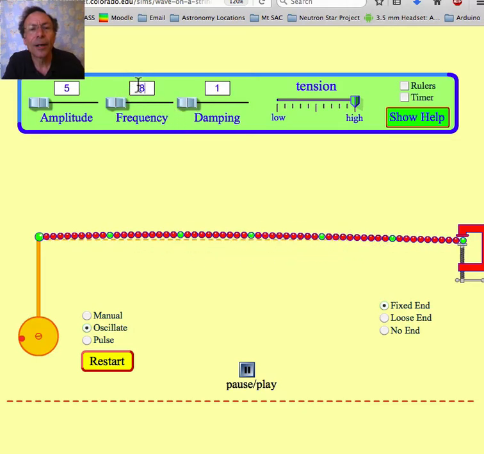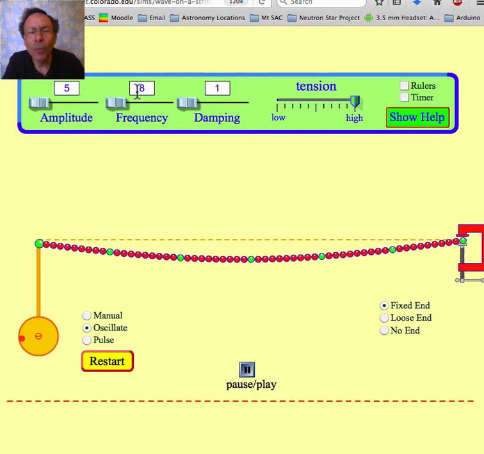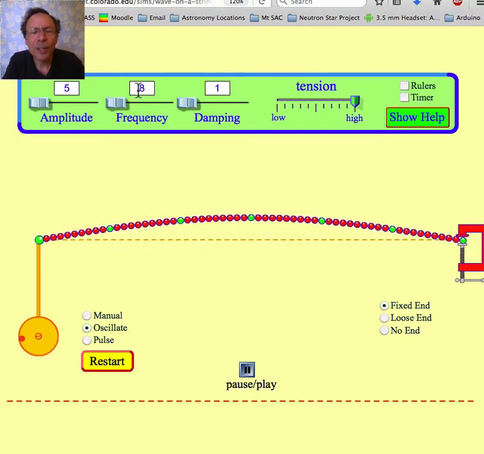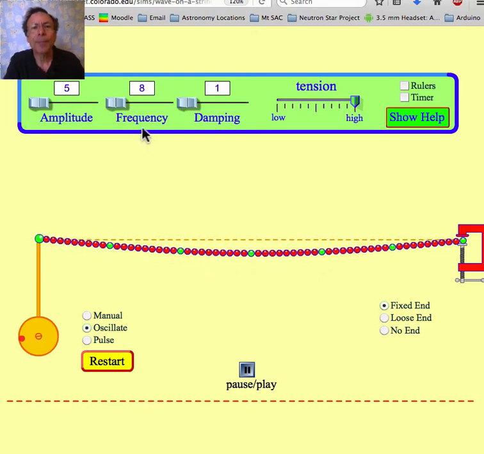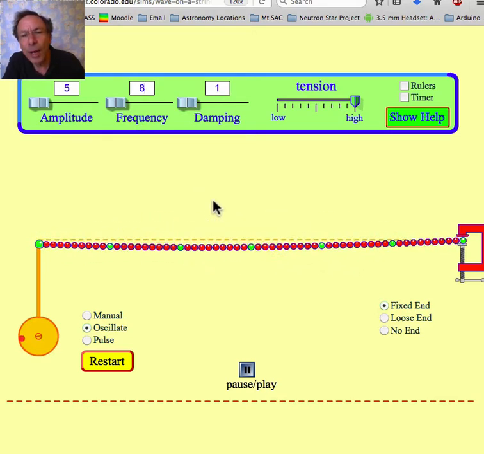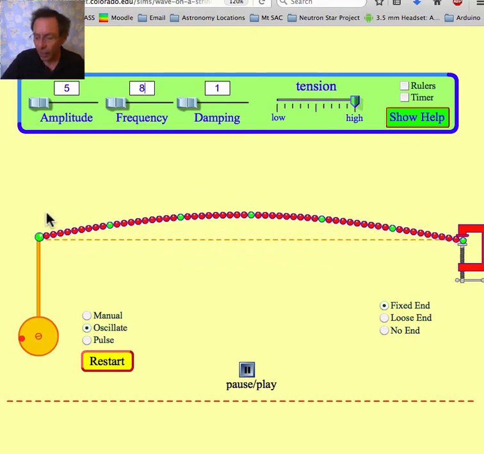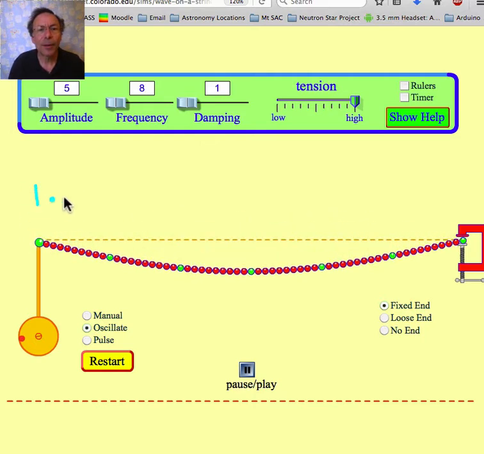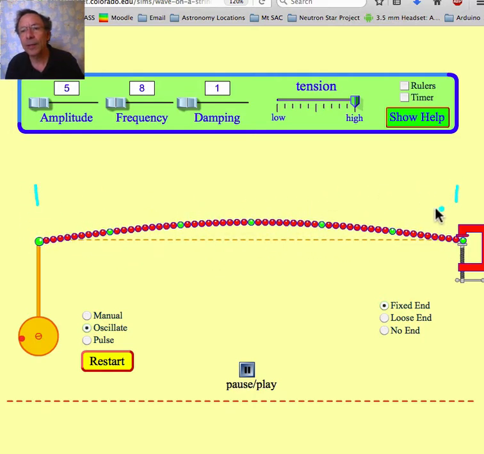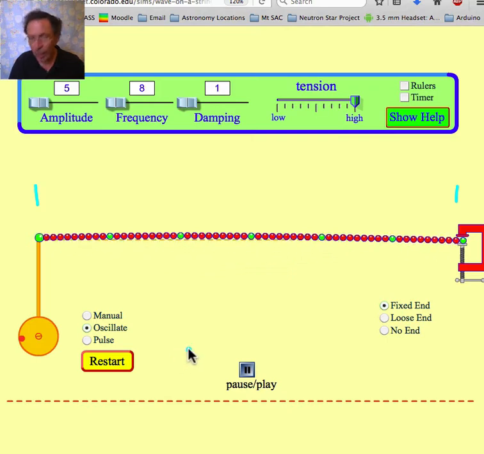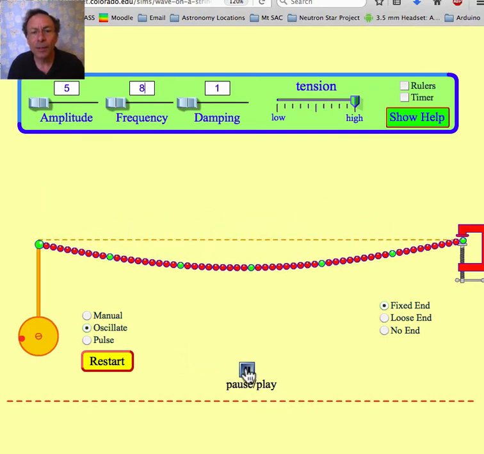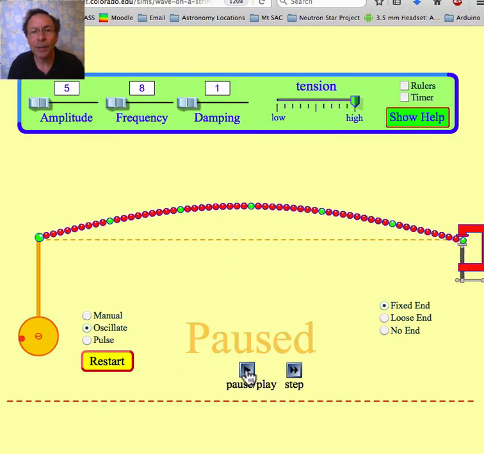I picked 8 here because I know that at this particular frequency, half of a wave fits in the space here. Right here, between here and here, I can fit half of a wave. So I want to show you what I mean by that. Stop it.